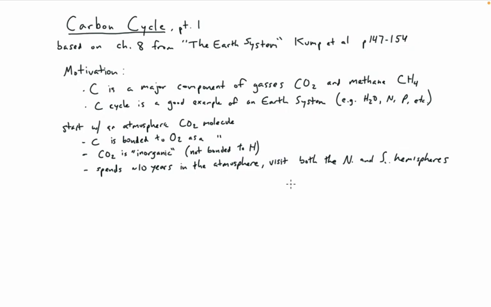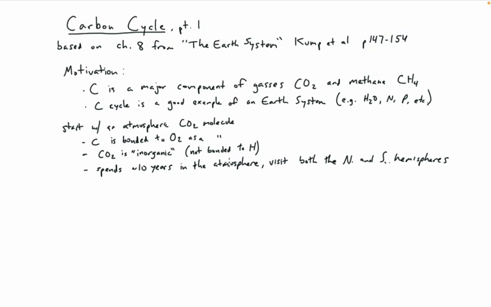It spreads out very quickly. That's one of the reasons that planting some trees anywhere is going to pull down carbon for the whole planet. There's no need to plant trees in particular places where there's a lot of carbon being emitted.